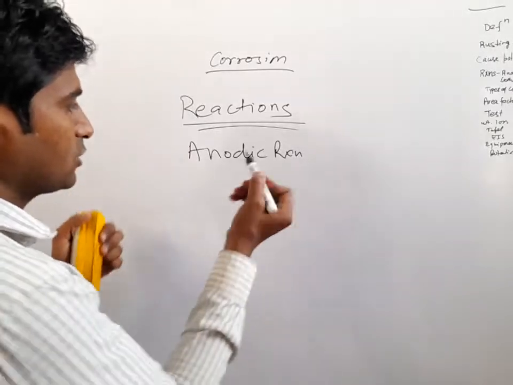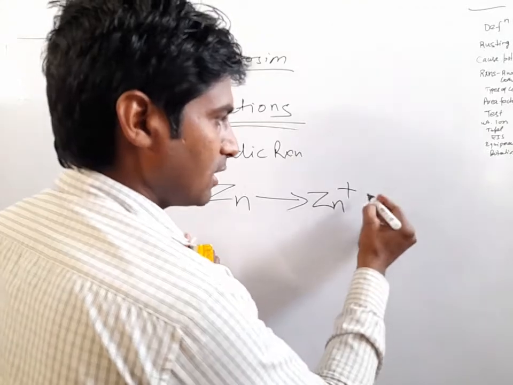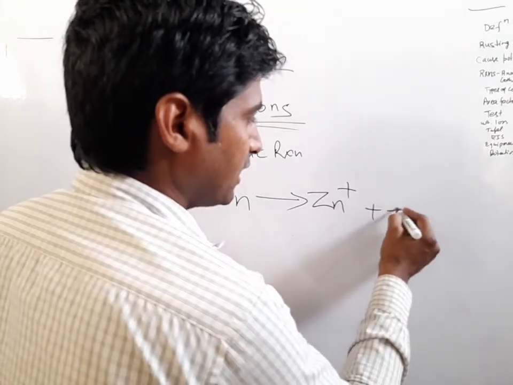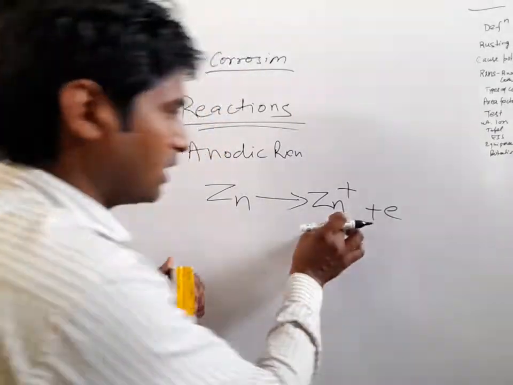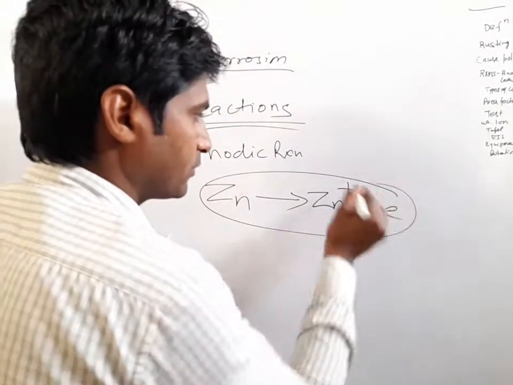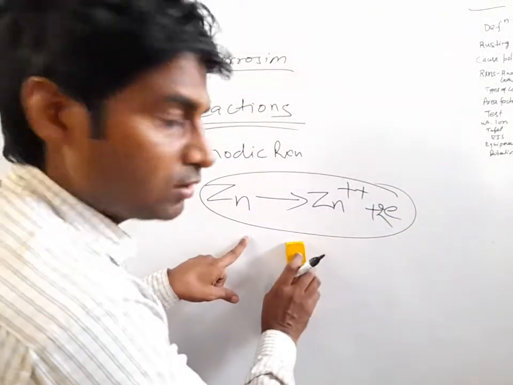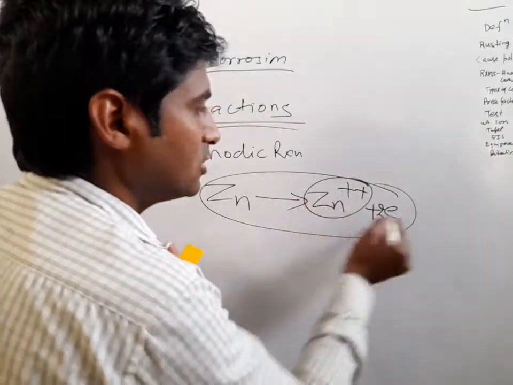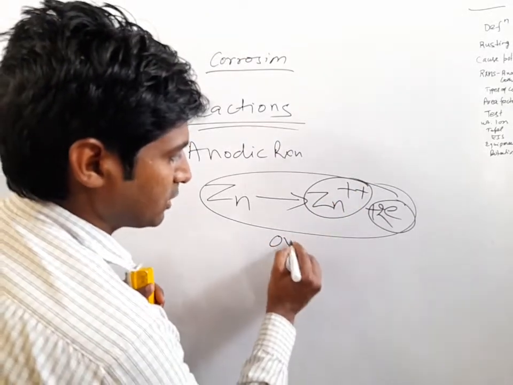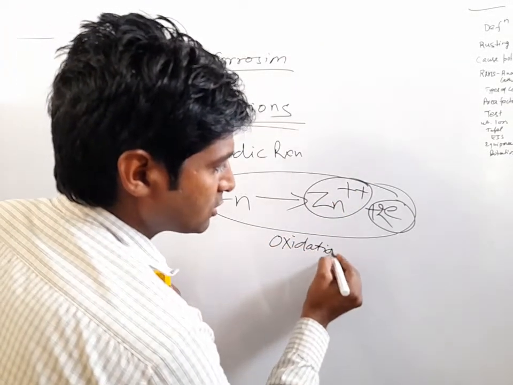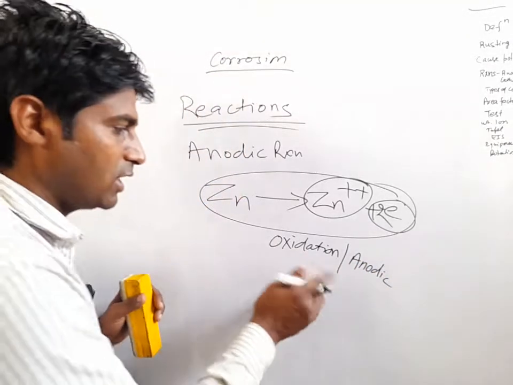Suppose this is zinc, it will dissociate into zinc ion and give electrons. This is also called oxidation. So oxidation or anodic reaction are the same and take place on the anode.